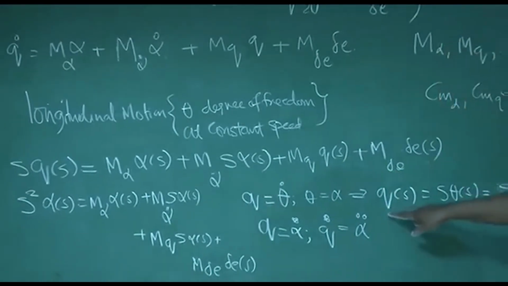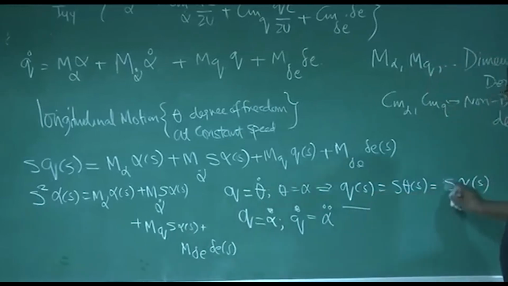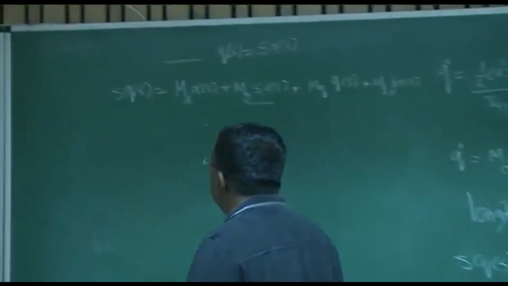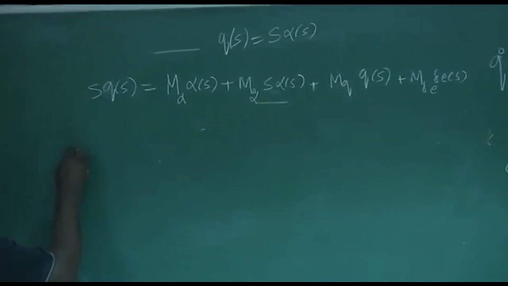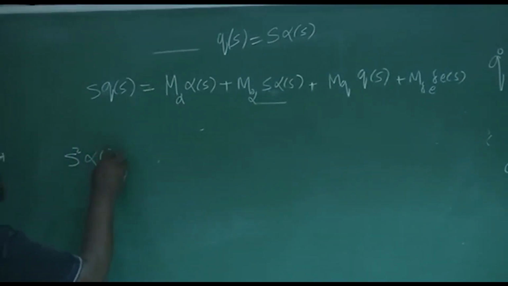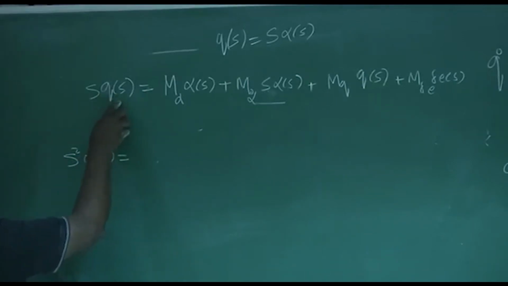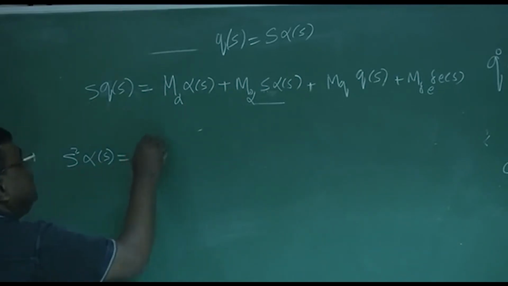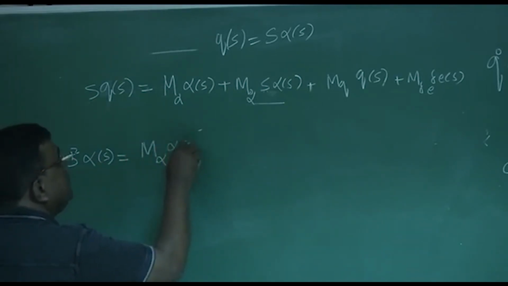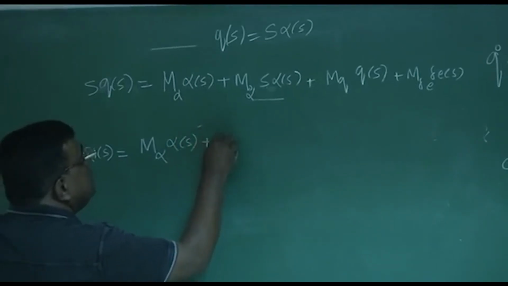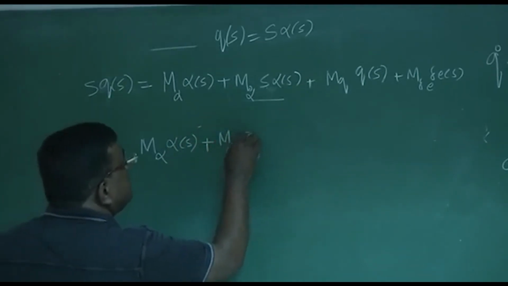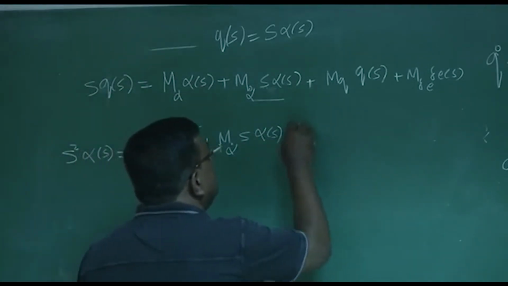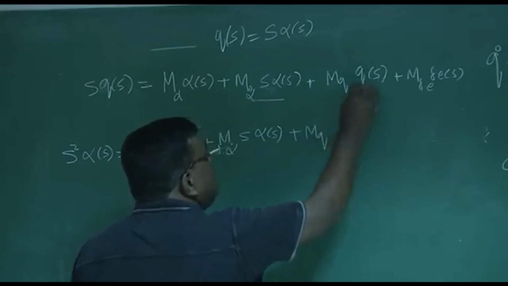But what do you know? Q of S is equal to S alpha S, right? Simply I'll put that there. So what will happen? This will become S square alpha of S, because Q of S is S alpha S, so S into S becomes S square alpha S. This is sitting pretty with S M alpha alpha S, and this is M alpha dot S alpha S, and then for MQ, I'll write MQ, and what is Q of S?